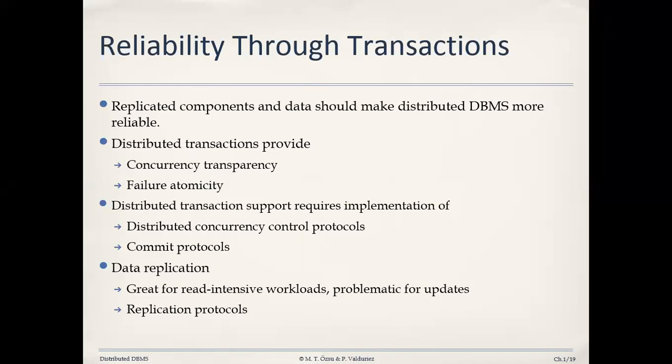Distributed transactions provide two important things. Number one is concurrency transparency, because whenever a transaction is being carried out, always remember, as I told you earlier, that a transaction itself is a bundle of activities. A bundle of activities can be performed in two ways. One is that it goes sequentially, and one is that it goes concurrently or in parallel.